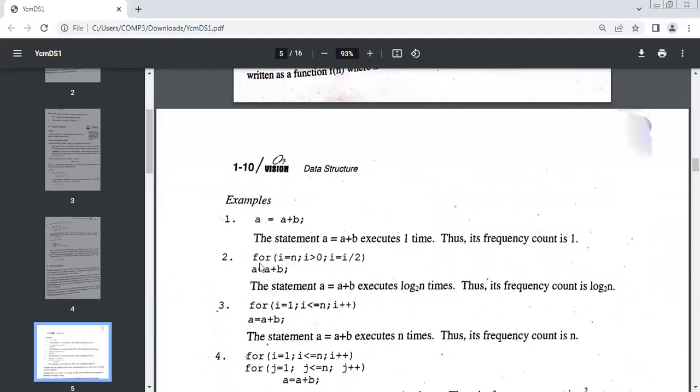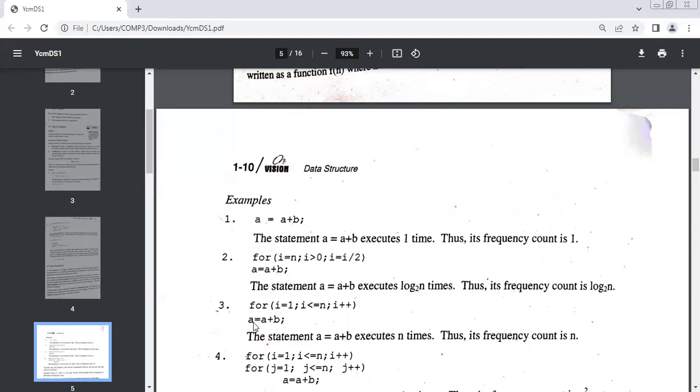Here is a for loop: for I is equal to n, I is greater than 0, I is equal to I divided by 2. And in this loop we write the statement A is equal to A plus B. So in this example, the statement A is equal to A plus B executes log n times. So the frequency count is log n.